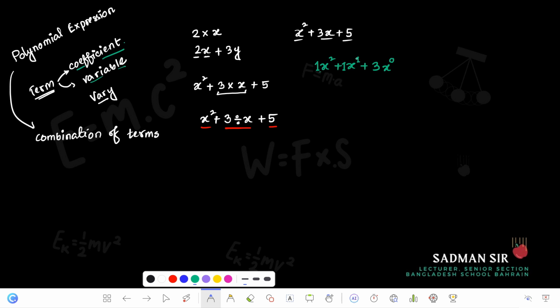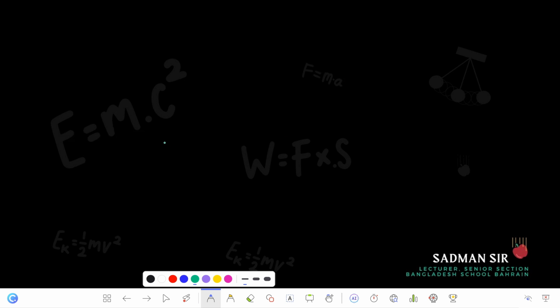Whenever the degree is 1, we don't write it, because if you write x once, it shows that the power is 1. And when there is no x, definitely the power is 0. So this is also a term, this is another term, this is another term, and together they form a polynomial expression. Now polynomial expressions can be of several types.